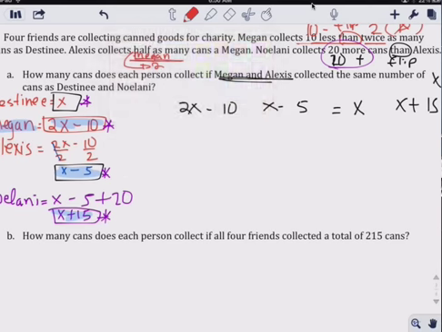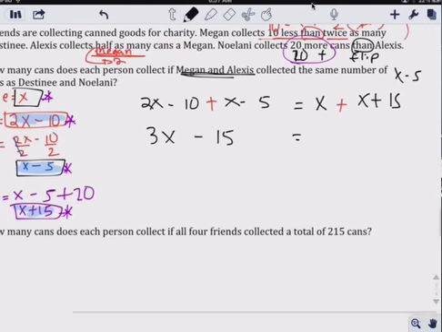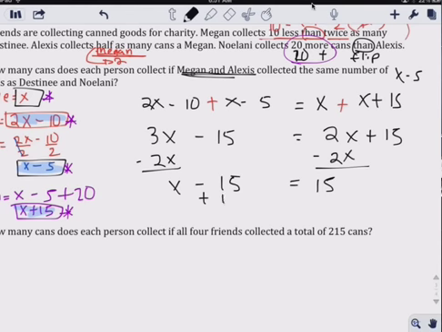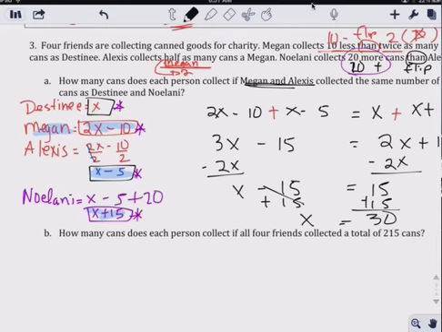Okay, we combine like terms. 3x minus 15 equals 2x plus 15. I'm going to get rid of the smallest variable first. That gives me x minus 15 equals 15. Add 15, add 15. We get 30. So x is 30. Who's x? Destiny. Destiny, you collected 30 cans.